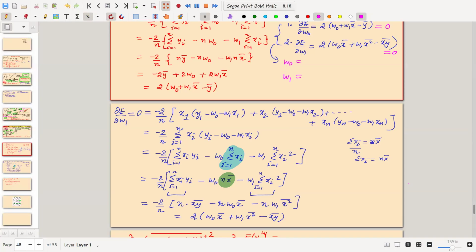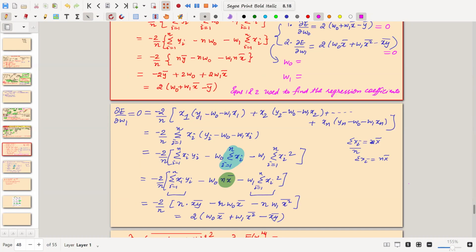What should be the value? These two equations, equations 1 and 2, are used to find the regression coefficients.